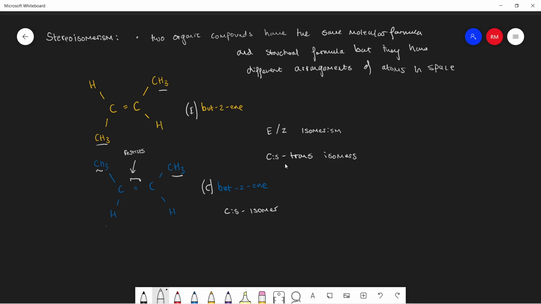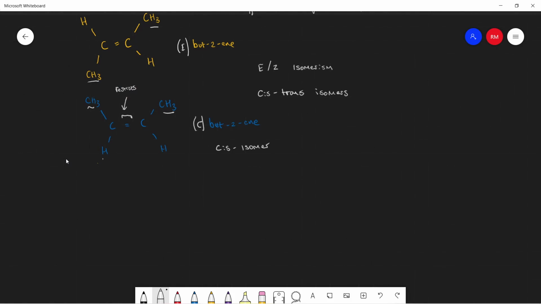But also these hydrogens act as well, because say we're going for this again here, but with a hydrogen here and hydrogen here. Here you can see these two are different.